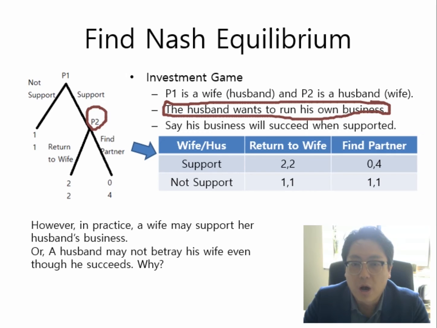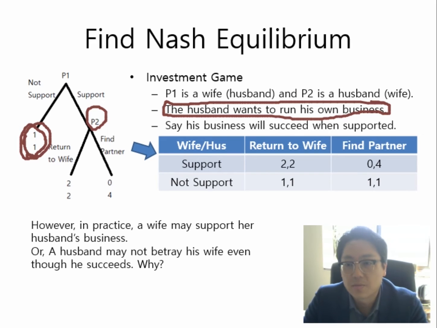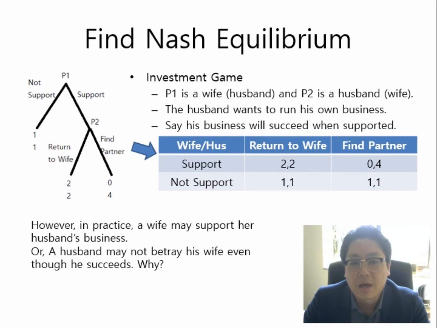If the wife does not support her husband, they will get a certain payoff. It's a status quo payoff, just a normal payoff. Now, if the wife supports the husband, say the husband will succeed in his business.